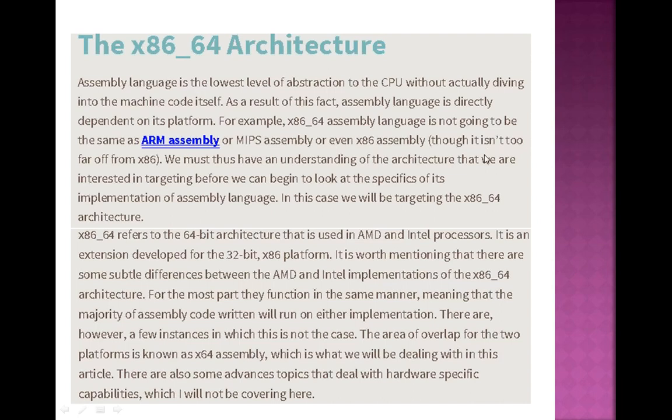The main crux is that x86-64 refers to a 64-bit architecture used in AMD and Intel processors. It is an extension developed for the 32-bit x86 platform, that is, it builds on the 32-bit x86 platform for developing the architecture.